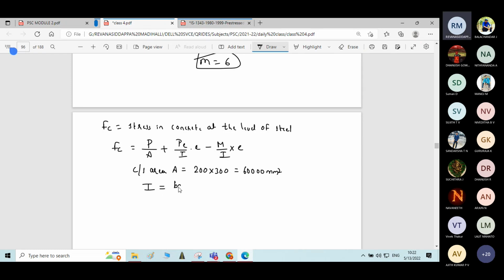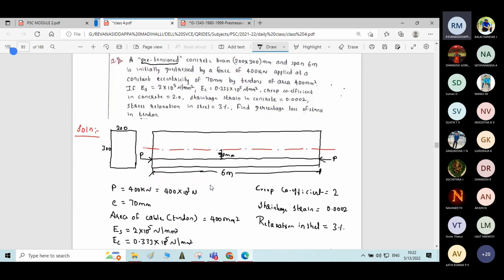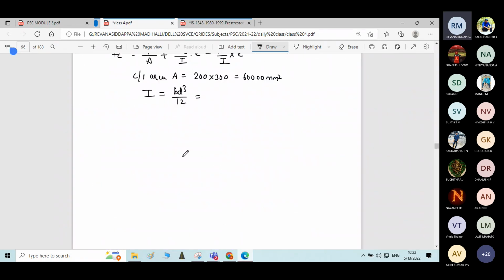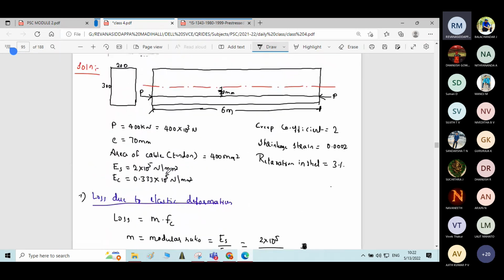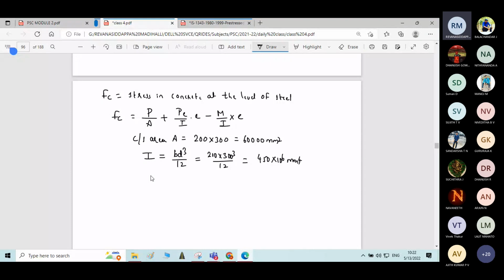For rectangular section, the formula is b d cube by 12. Width of the beam is 200, depth is 300. So 200 into 300 cube divided by 12. Please check the answer. It is 450 into 10 power 6 mm4, moment of inertia. Then eccentricity is given in the problem. It is 70 mm. e is equal to 70 mm.